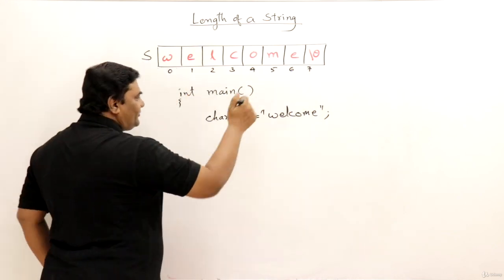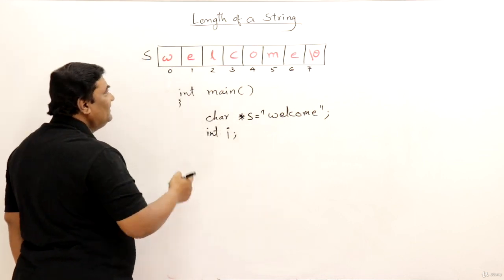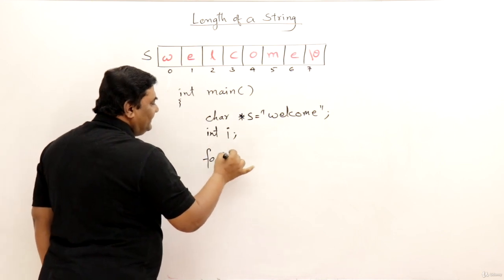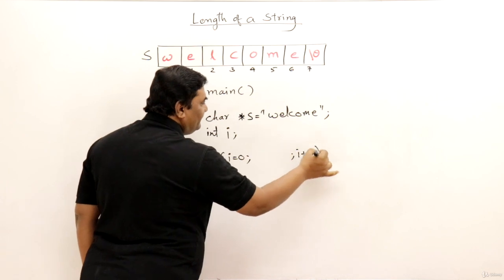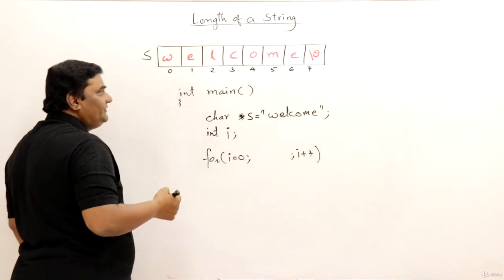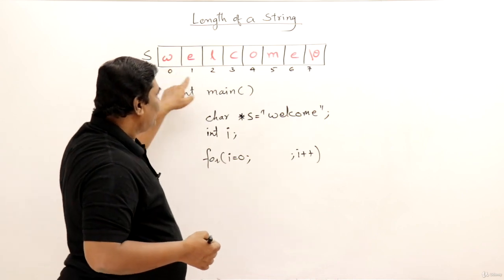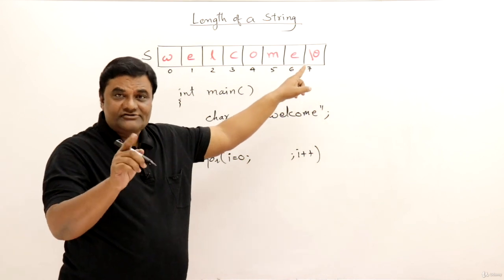Now I have to scan through this. For that I need a variable i. Then using a for loop I can scan through this. So for i assign 0 and every time i plus plus. But how long should I continue? When should I stop? When S of i is \0, that is the null character, I should stop.